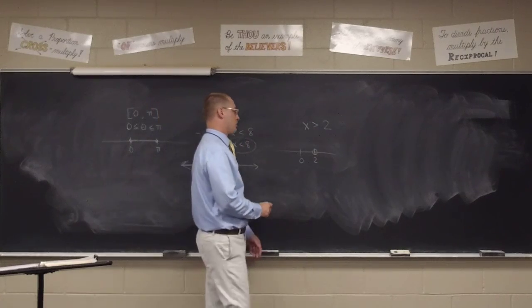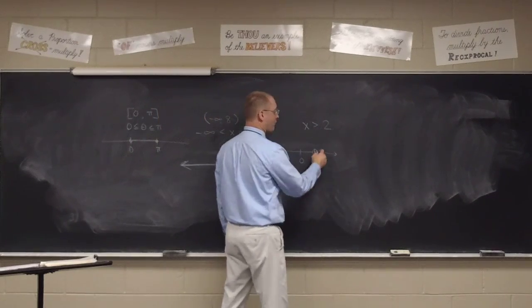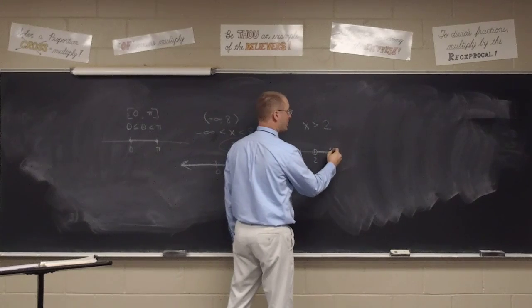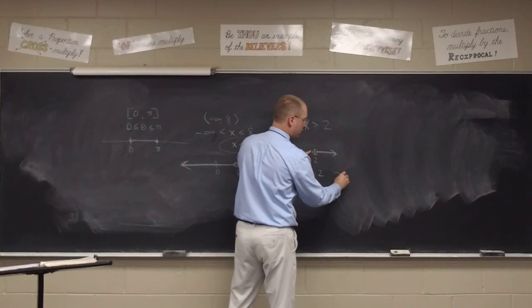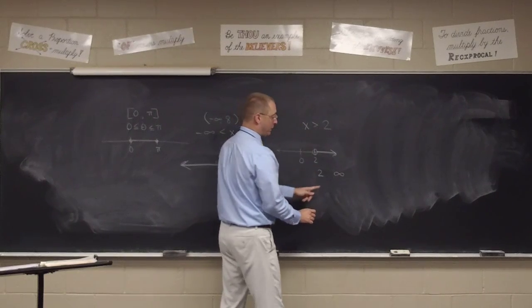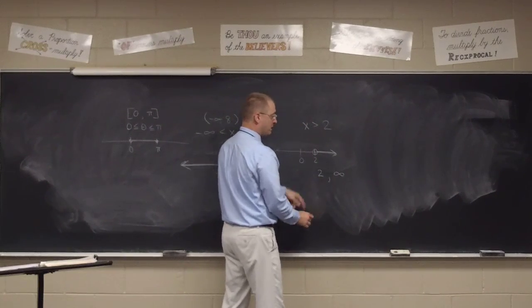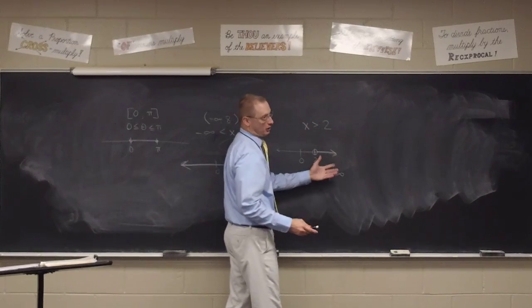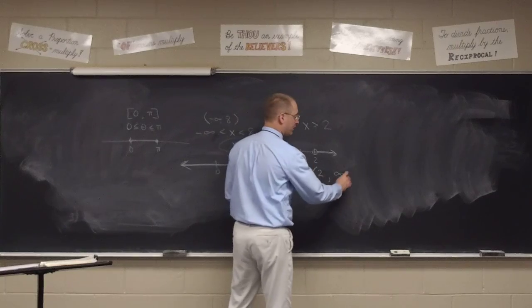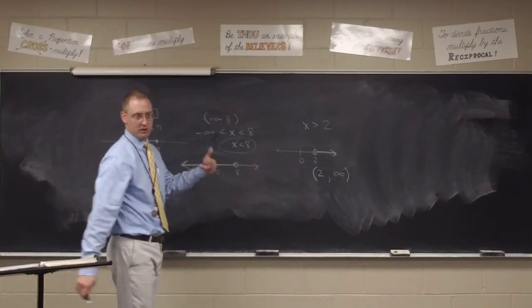So which direction should the line go? Right. How far? All the way to infinity. So we could say this goes from 2 up to infinity, and I would put a comma between them. Since the 2 is not included, parenthesis, and since I can never include infinity because I can never get there, also a parenthesis.